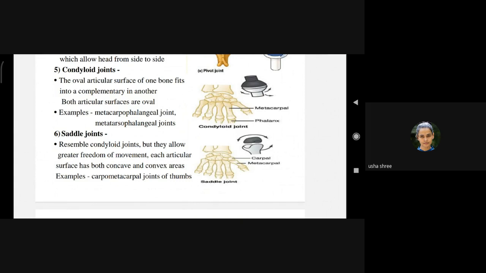Saddle joints allow much freer movement than condylar joints, because both surfaces have convex and concave structure. So the joints between carpals and metacarpals are the example of a saddle joint. Okay.